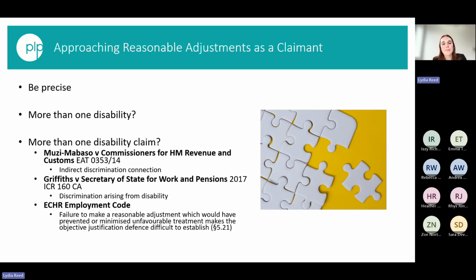Breaking each part of the claim down to provide the information that the tribunal will require to make a final decision of it when determined at final hearing.